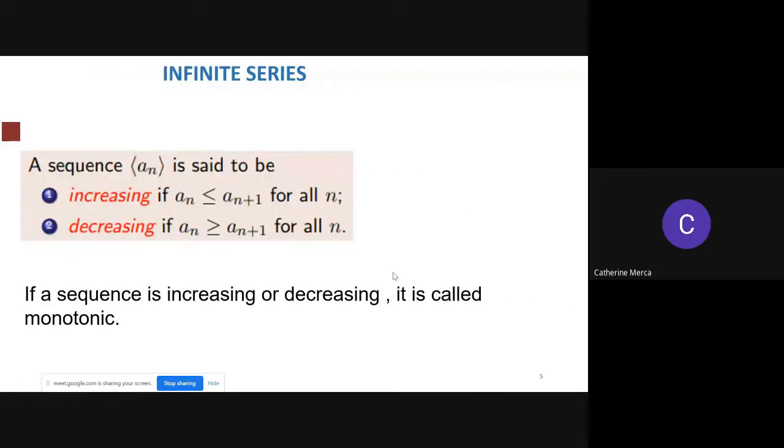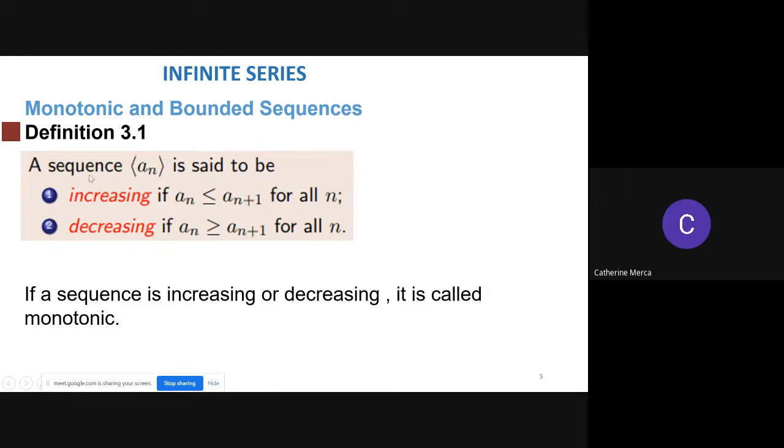So this time, we again have the following definition about increasing and decreasing sequences. So when you say a sequence A sub n is increasing, this will be true if A sub n is less than or equal to A sub n plus 1 for all n.